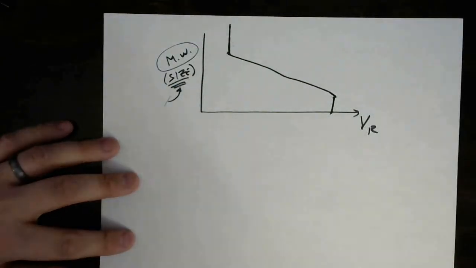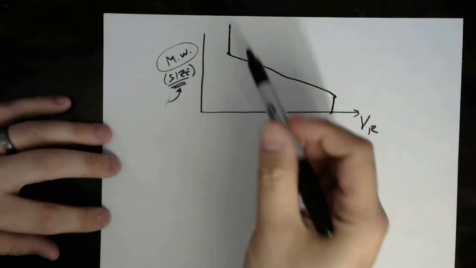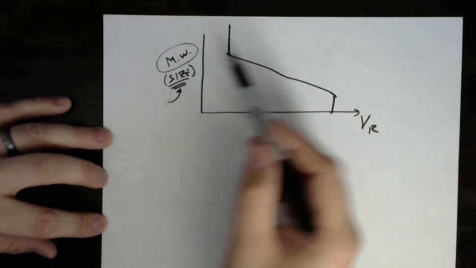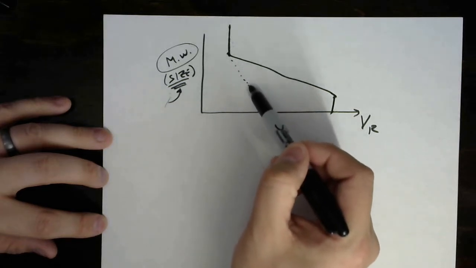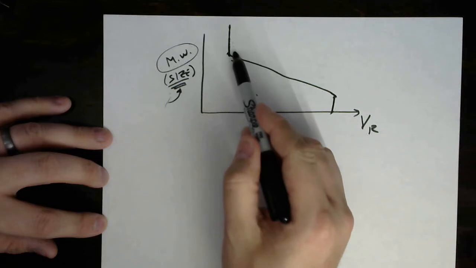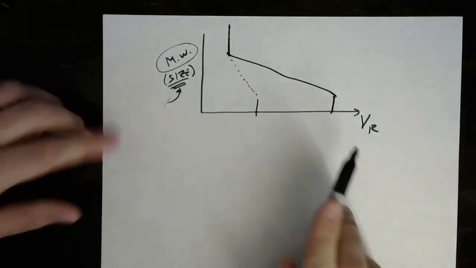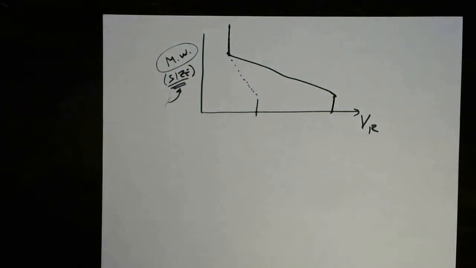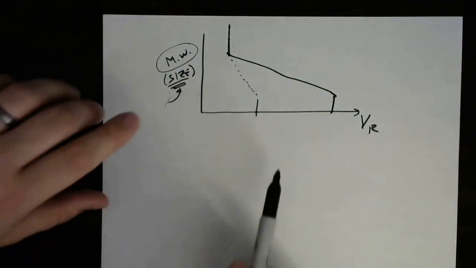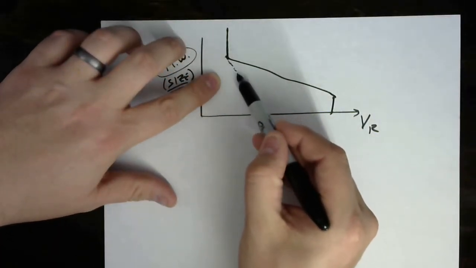And you can select your column materials for better resolving ranges in here. And what that would do is it would squeeze your total inclusion and total exclusion peaks closer together in retention volume, but it would also give you a steeper slope of this resolving range.